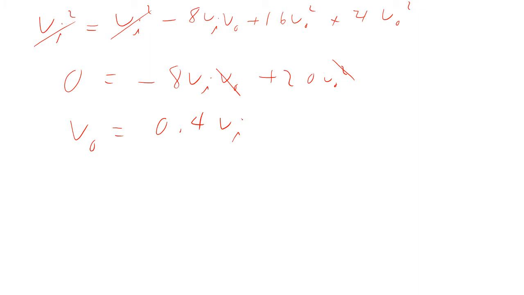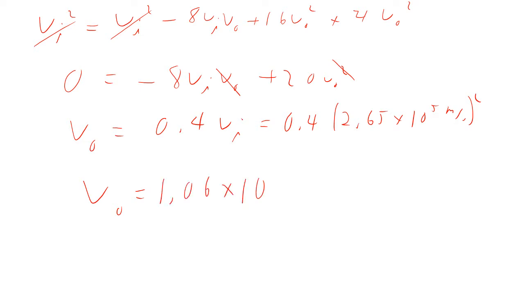Okay, well, we know what VI is, so that means that the oxygen is moving afterwards at 0.4 times 2.65 times 10 to the fifth meters per second. So the oxygen velocity is going to be equal to 1.06 times 10 to the fifth meters per second.